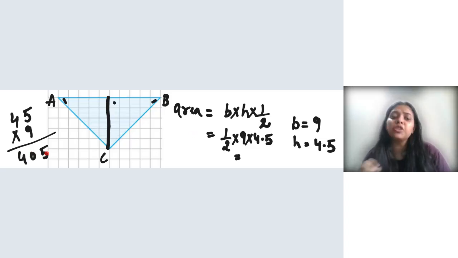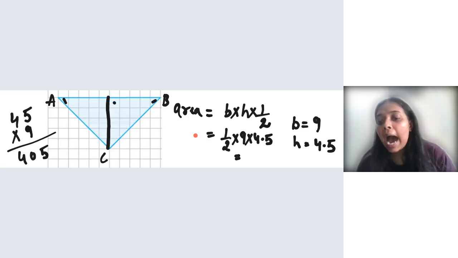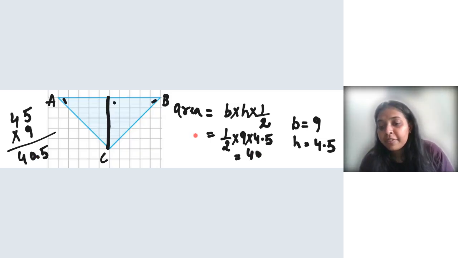So we know that 45 times 9 is 405. In this, after how many digits do I have the decimal? 1 digit. So after 1 digit, I'll put the decimal. So it becomes 40.5 divided by 2.